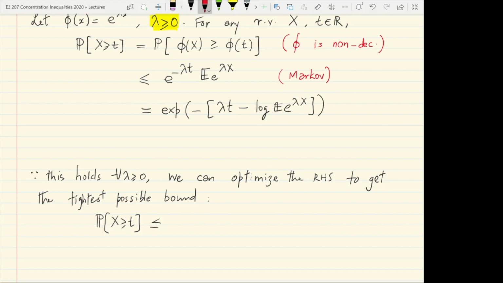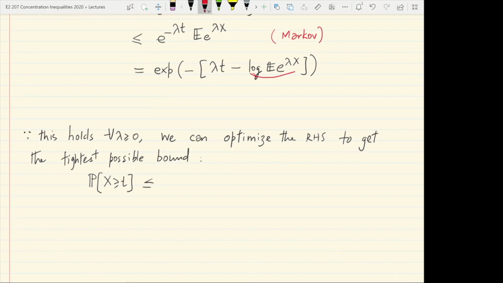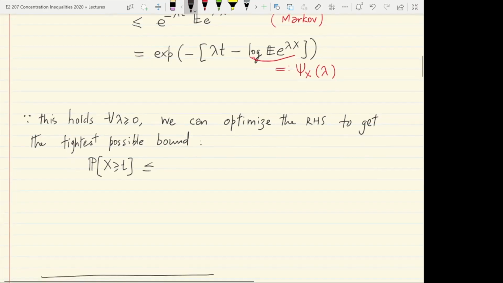This new function, which is the logarithm of the moment generating function, we will find it convenient to denote by Cx of lambda. And so finally we get the bound e raised to negative of lambda t minus Cx of lambda.